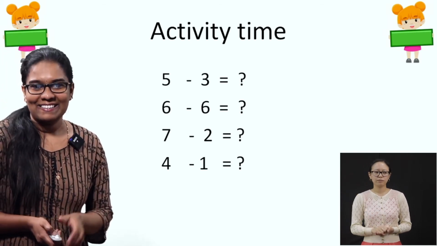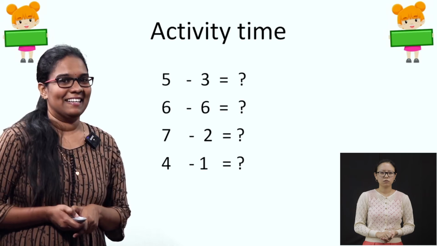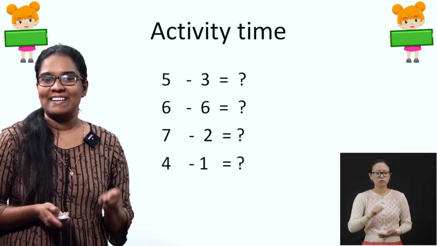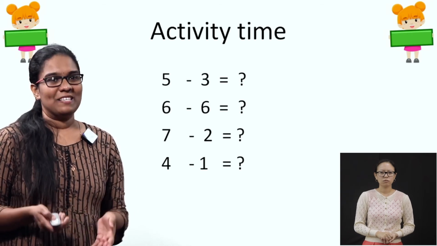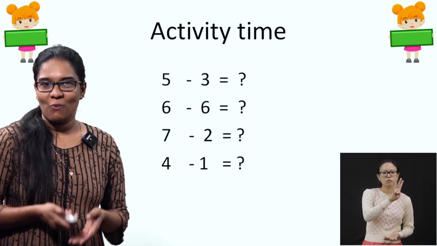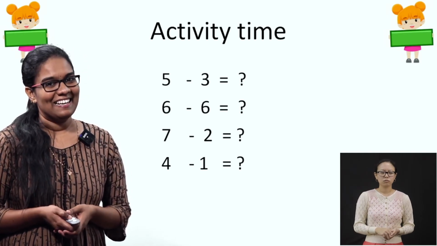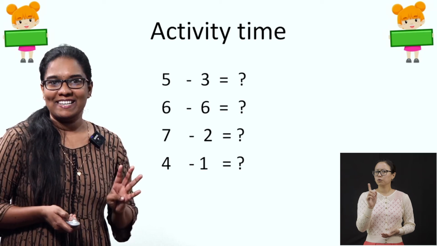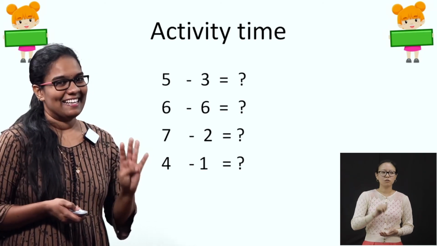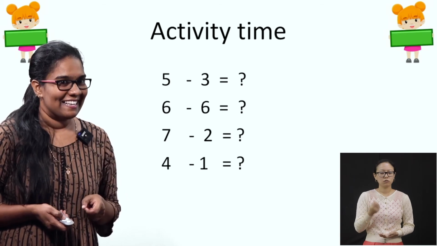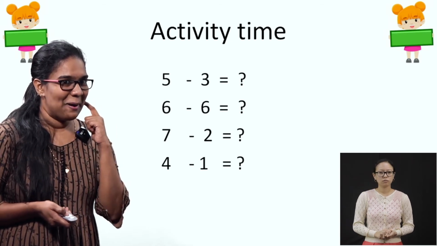Okay. Then one more activity is here. 4 minus 1. Then tell me, which is the bigger number? 4 or 1? Is 1 bigger? No, 4 is the bigger number, right? Then you keep the bigger number in your mind. Now 4 is in our mind.